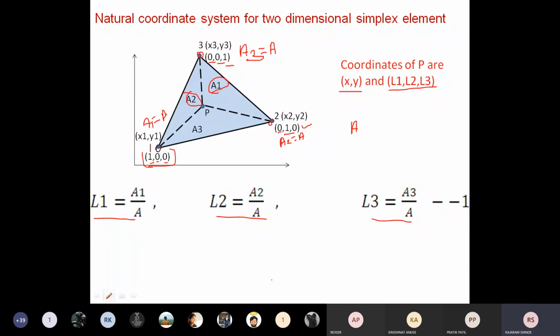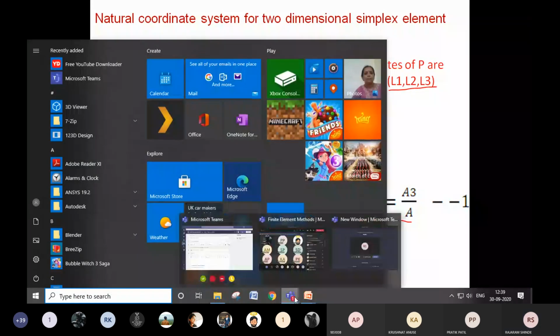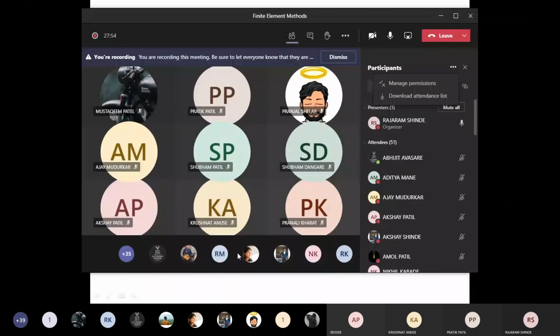Akshay Dore, sorry, Rishikesh Dore, Ajay Madhurkar, have you got it?